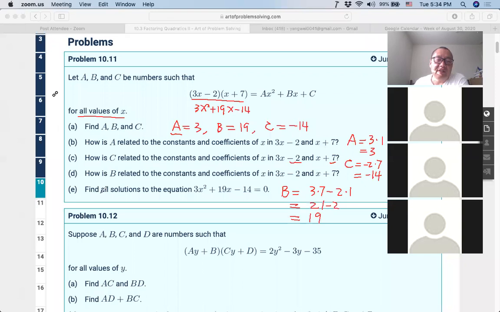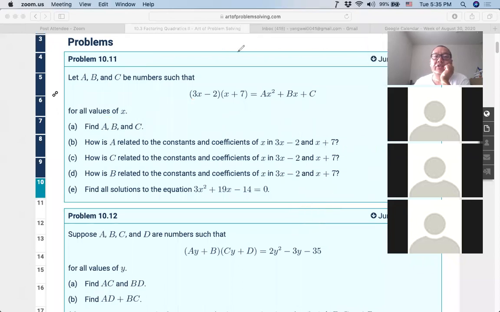Then let's see E. Find all solutions to this equation. Everybody try this. Send me your answer. Now, this one is very easy, because they already show you the factoring of this quadratic.